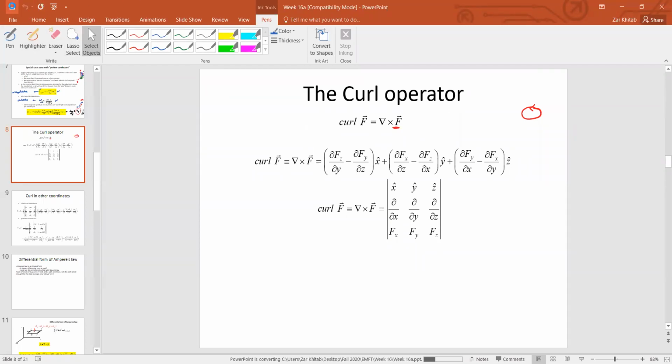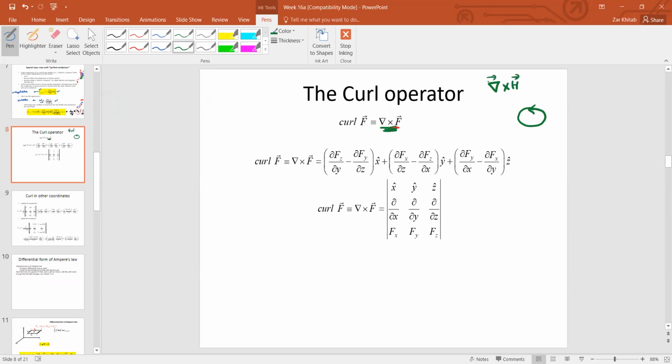Okay, so now we want to see a little bit about the curl operator. The curl means the curls, right? The loops. So whenever you calculate the curl operator of a vector, it's going to give you the revolutions, the loops. For example, the curl of a magnetic field.